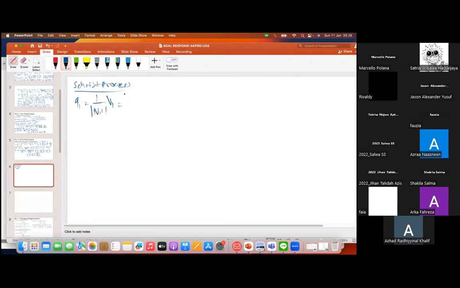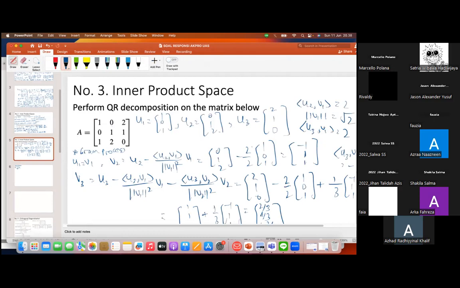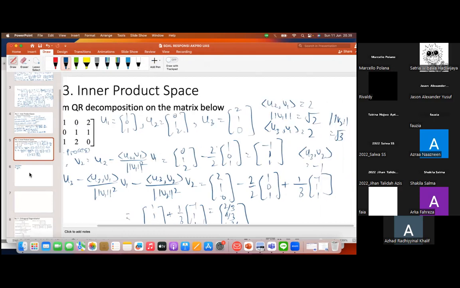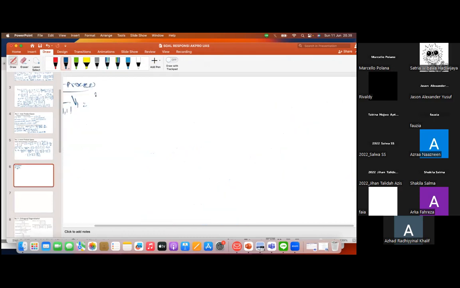Since the length of V1 here is root 2, we have 1 over root 2 times 1, 0, 1. Q2 is the same thing: the solution times V2, which is 1 over root 3 times negative 1, 1, 1.